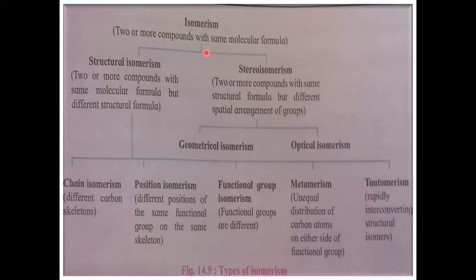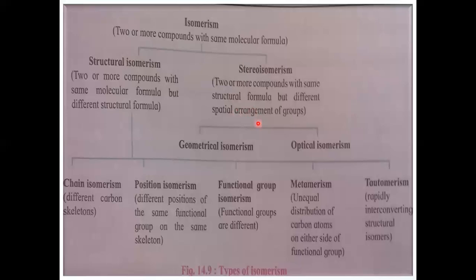So there is structural isomerism and stereoisomerism. In structural isomerism, two or more compounds have the same molecular formula but different structural formula. In stereoisomerism, two or more compounds have the same structural formula but different spatial arrangement of groups, the arrangement of groups in space.